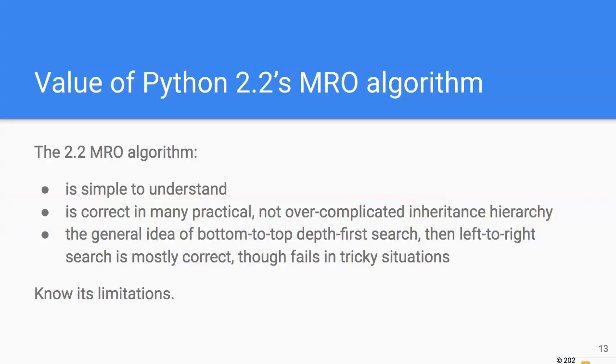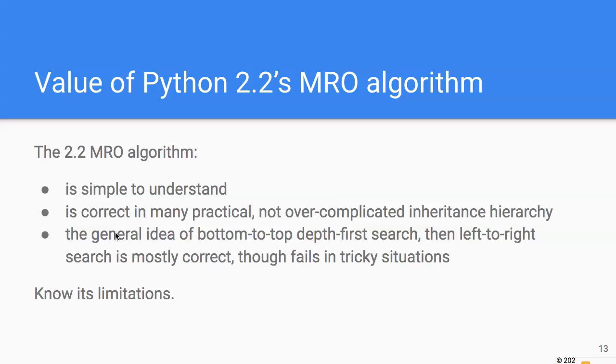So given the fancy new algorithm that replaced the old 2.2 MRO algorithm, why did we spend so much time studying it? Well, I think there is a lot of value in that algorithm. First, it is simple to understand. And second, it is actually correct and applicable in many of the real world inheritance hierarchies that are well designed and not overly convoluted or complicated.